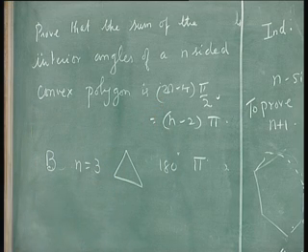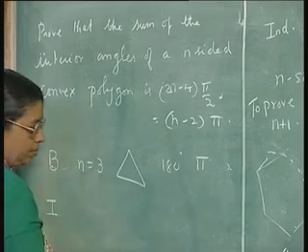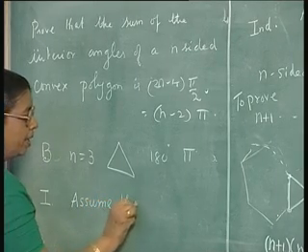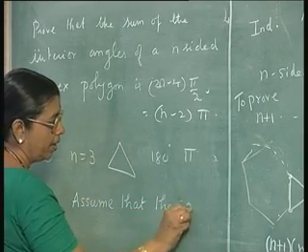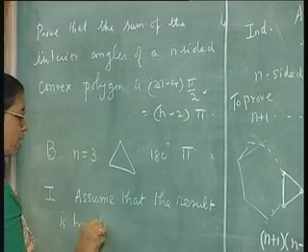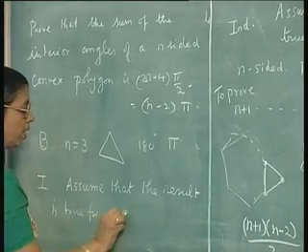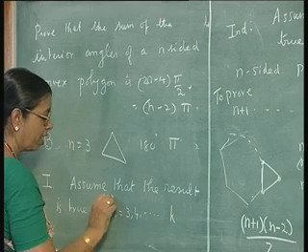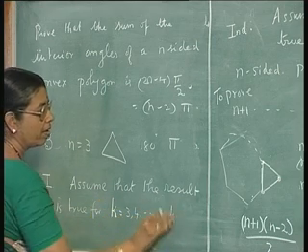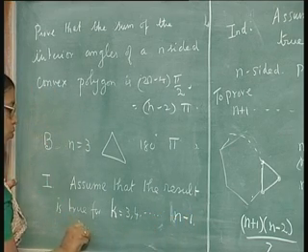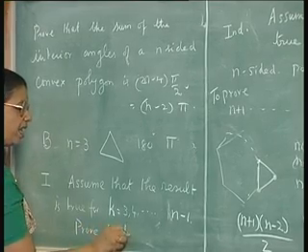Now, the induction case: assume that the result is true for n equal to 3, 4 up to, say, k equal to n minus 1, and prove for k equal to n.